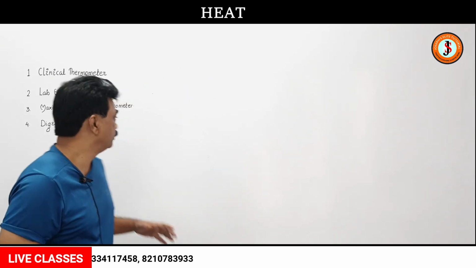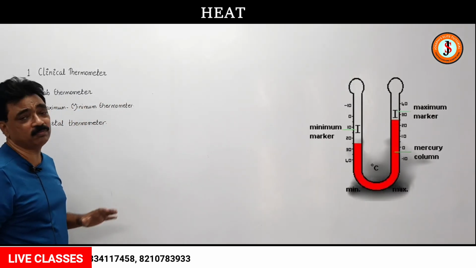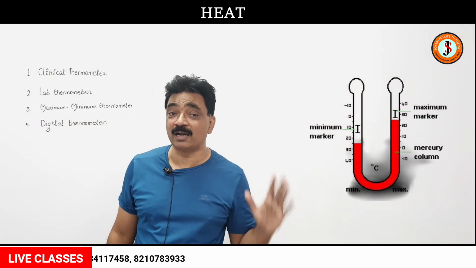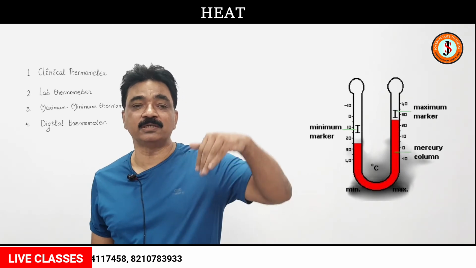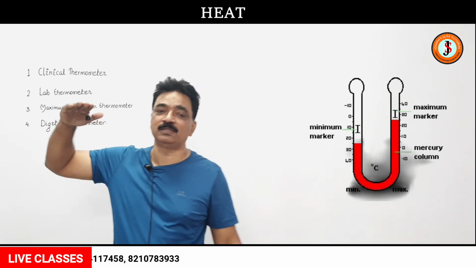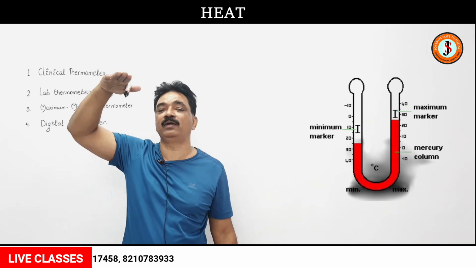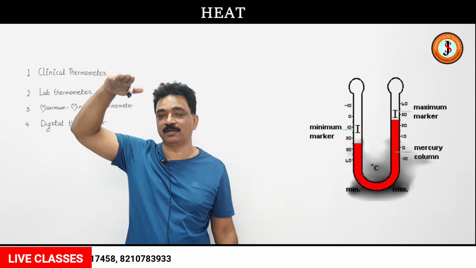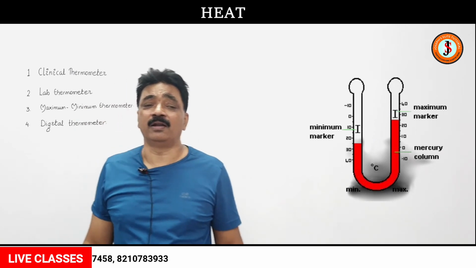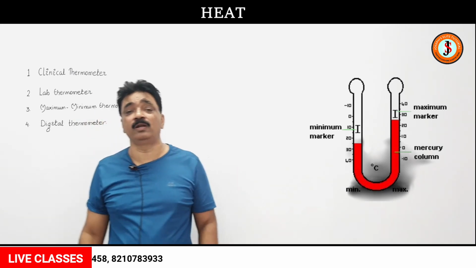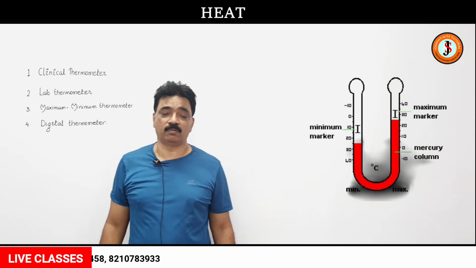So that is there. Then we have the maximum and minimum thermometer. Actually it is kept in a weather lab, and this thermometer records the temperature. Suppose the temperature kept on rising till 42 degrees centigrade. So there will be a mark at 42 degrees centigrade maximum, and in the night time it has come to 20. So there will be a minimum, and that is recorded in maximum and minimum thermometers.